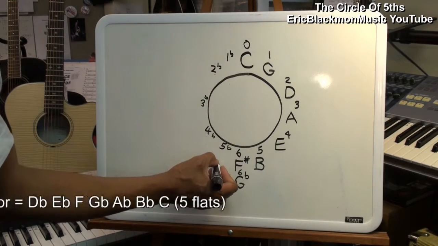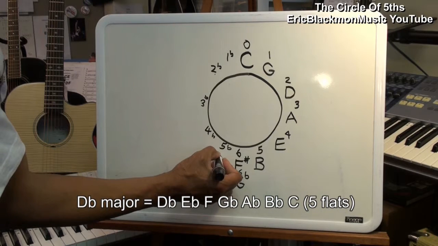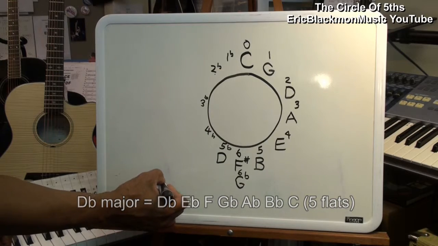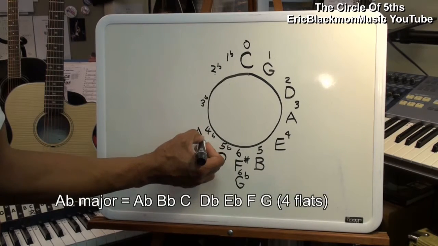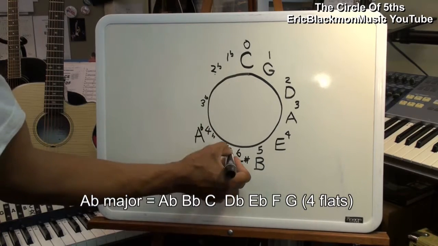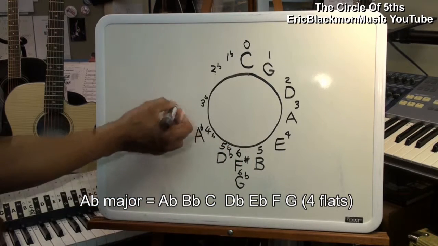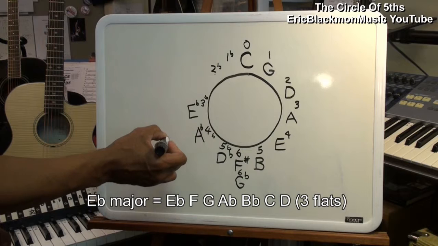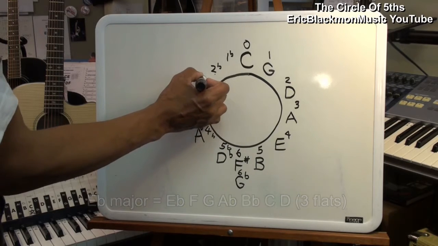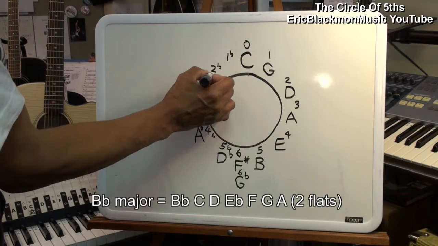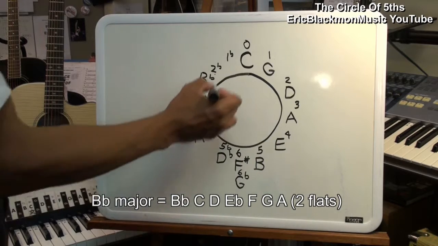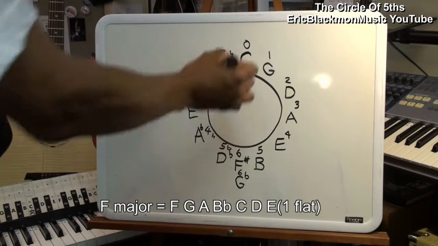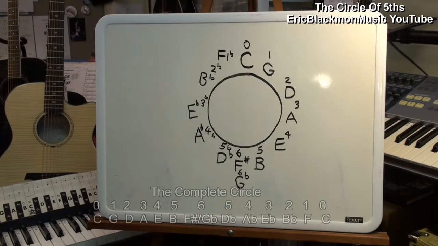So we're going to now have D flat, A flat, E flat, B flat, F, and then we're back to C.